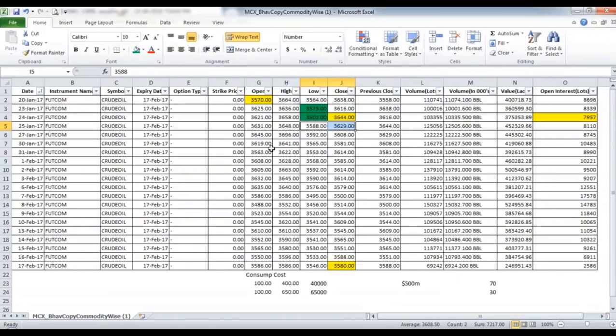When it seems to be a support, on this day when the price is trying to breach out at 3592, or it is trying to breach out 3658 on the upside, will it become a sort of buying opportunity for you?